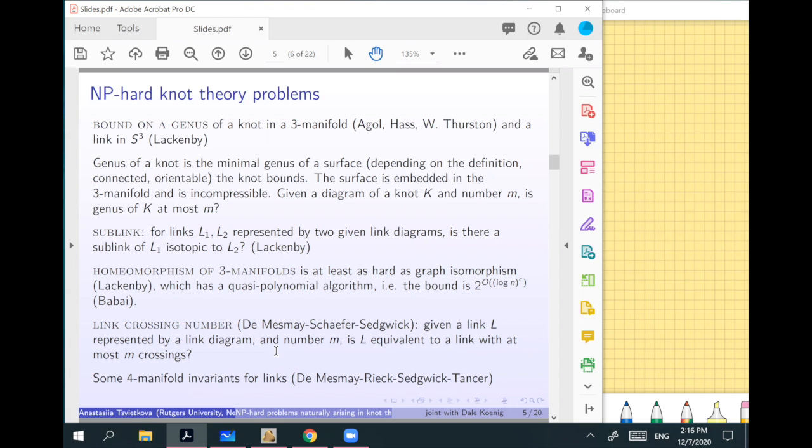But when you say that homeomorphism of three manifolds is hard, which presentation of that is that? So for example, you're given three manifolds and their triangulations. Okay. So I think, if you look at Greg Kuperberg's paper, he actually gives an algorithm for it.